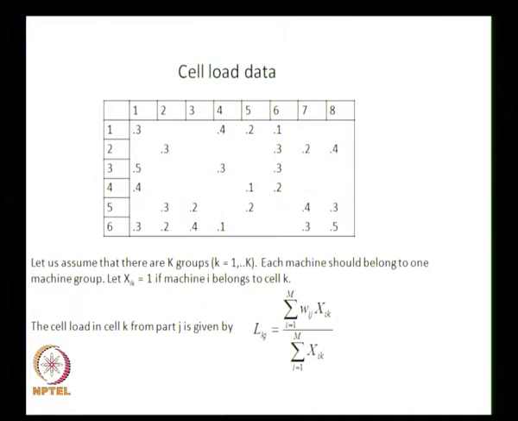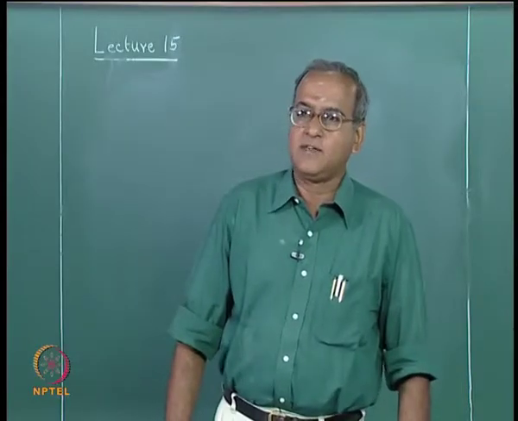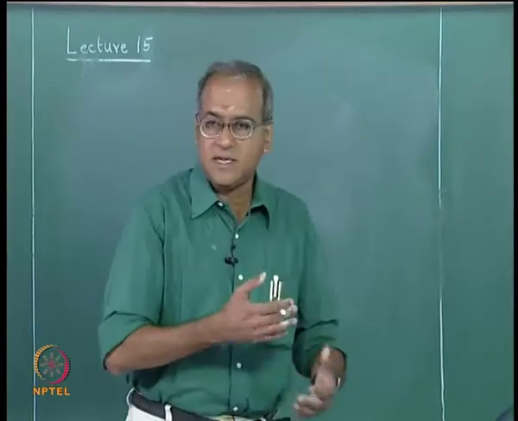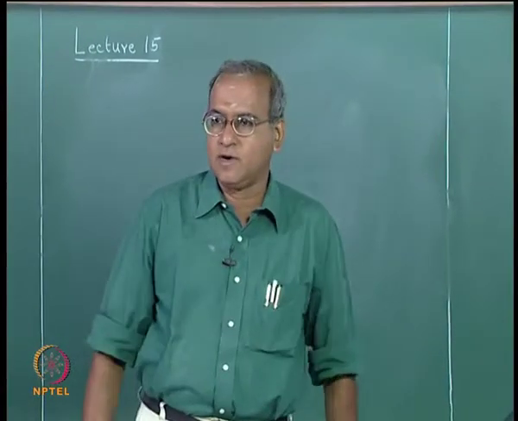Now, here the incidence data is captured in the form of a decimal between 0 and 1. For example, part 1 visits machine 1 and has a value 0.3. We have already seen how that cell load data is calculated.